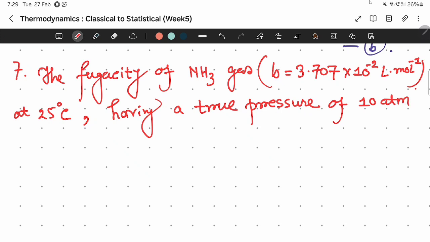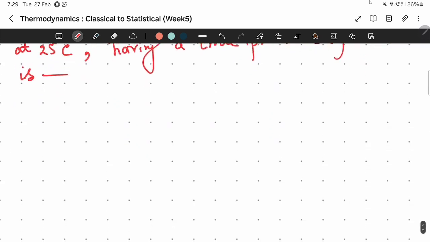We know the true pressure, so we have to find the fugacity. Now this is ammonia gas. There were two cases we discussed, when attraction dominates and when repulsion dominates. But here only B is given.